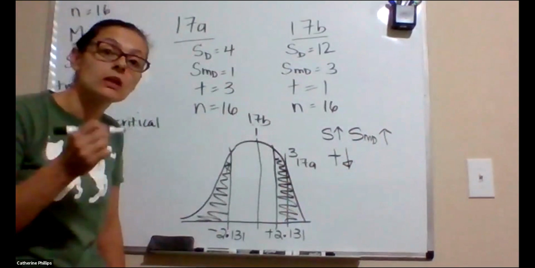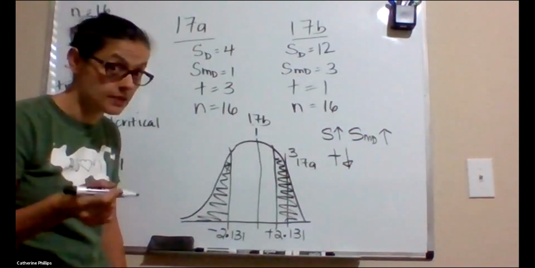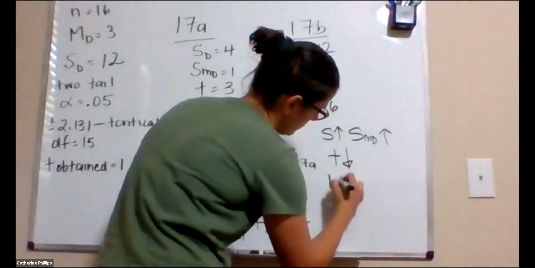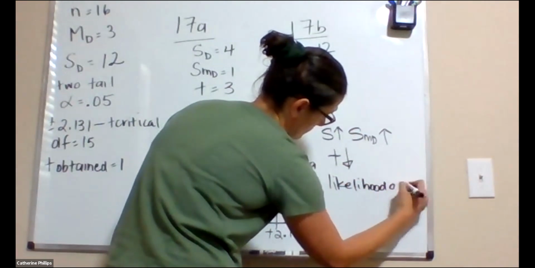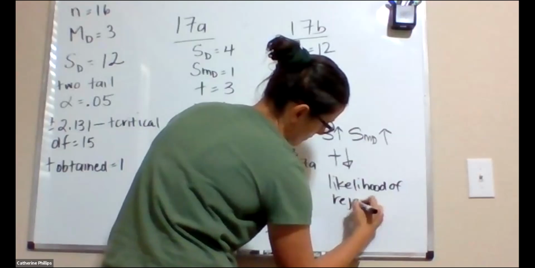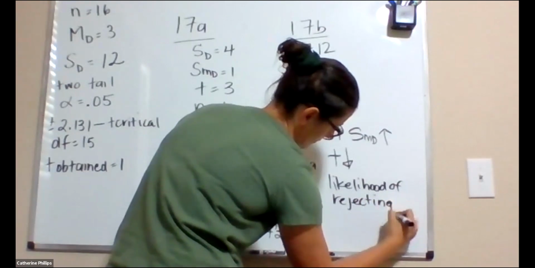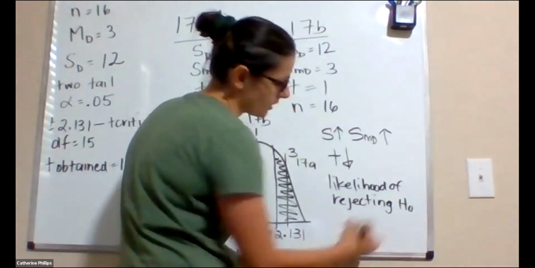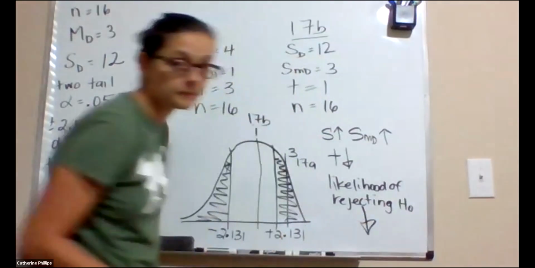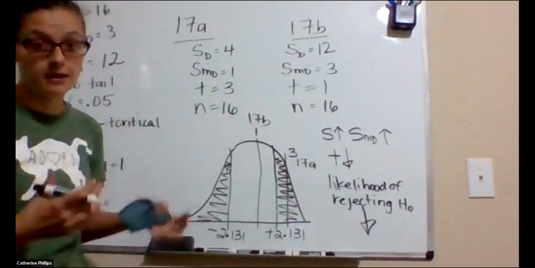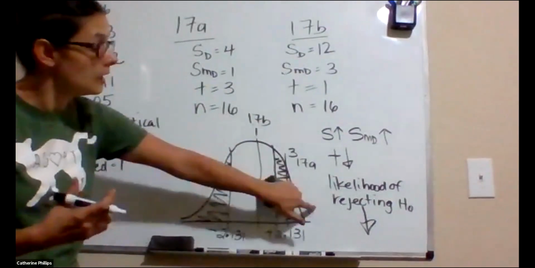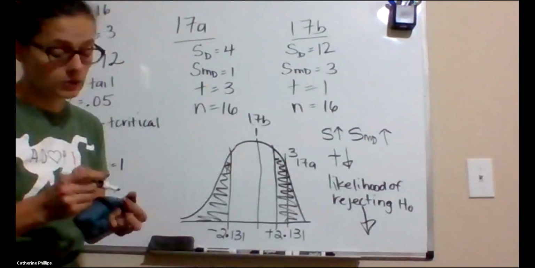And in terms of the likelihood of rejecting the null hypothesis, the likelihood of rejecting your null is going to decrease. It won't necessarily flip from being statistically significant to not statistically significant, but it's going to decrease.